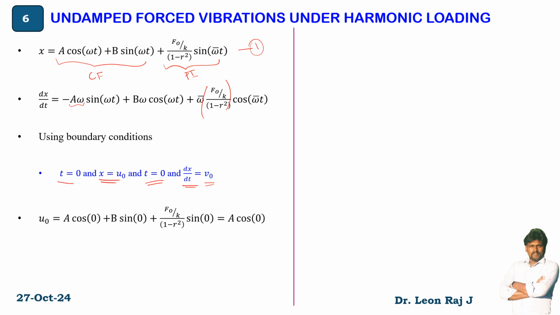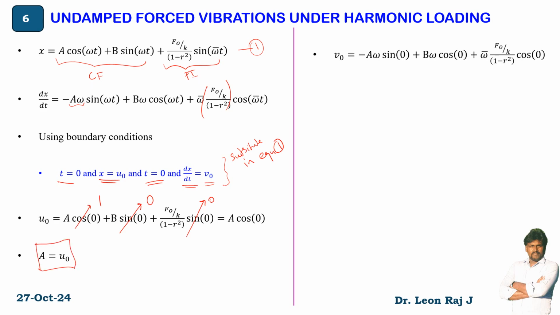Substituting, a cos 0 is 1, and the other terms are 0. So your a equal to u0, the initial displacement.